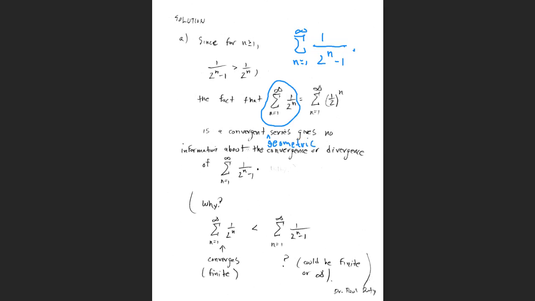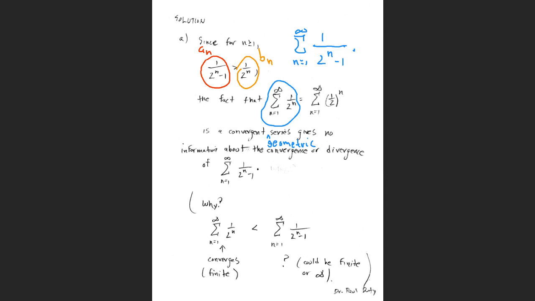So the a_n term is 1 divided by 2 to the nth power minus 1. The b_n term is 1 over 2 to the nth power.